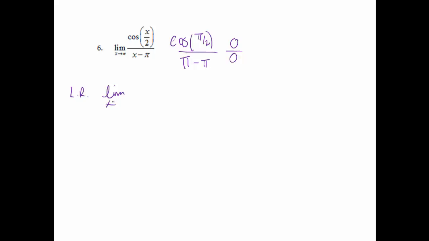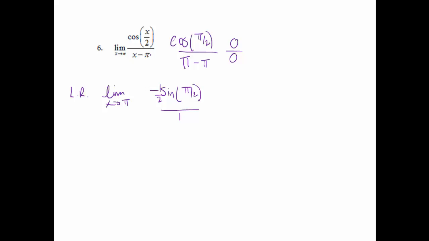So now I'll be finding the limit as x approaches pi. The derivative of cosine is going to be negative sine of x over 2, but it's going to be multiplied by 1/2 on the outside because I do have to take the derivative of the x over 2. And then over the derivative of x minus pi, which is just going to be 1, because the derivative of x is 1.